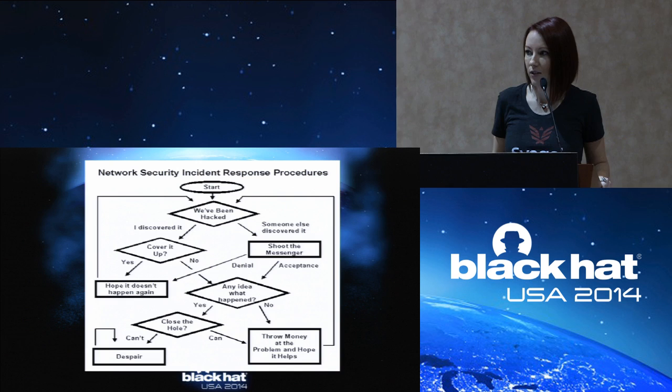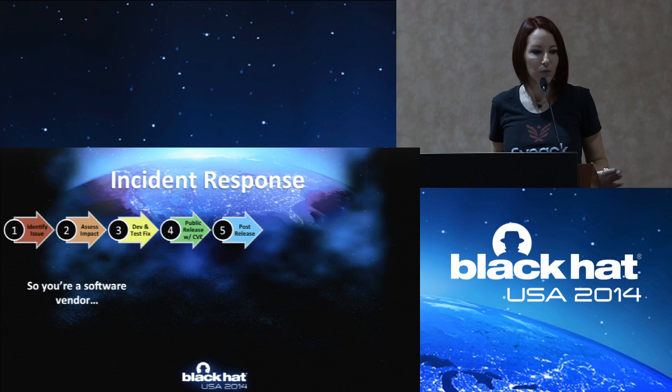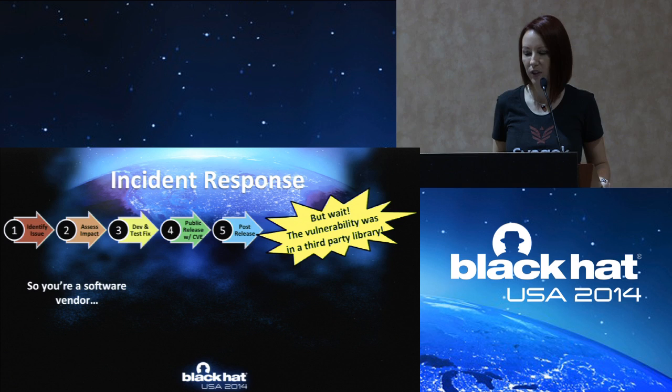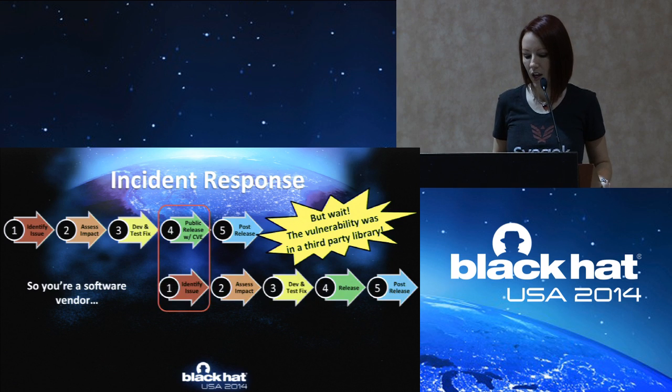What does that response process look like? Does it end in denial or panic? No, this is a bad response process. What you really are going to be looking at is when you identify an issue, assess the impact, dev and test the fix, you're going to release it with a CVE, and then you're going to have the post-release communication to your customers. But oh, hey, wait, that vulnerability wasn't in your code.